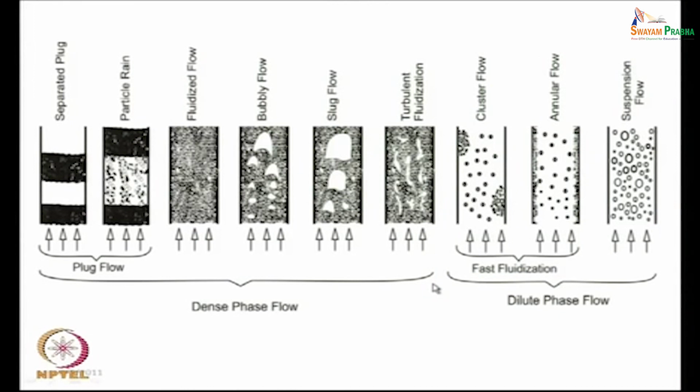Now, we have two types of choking velocities. One is the slugging type of choking velocity, known as the accumulated choking, and the other one is known as the classical choking velocity. Now, for the dense flow regimes, if you notice, we have the slugging, the bubbly flow, the slug flow, the turbulent fluidization, the particle rain, and the separated plug, which is almost like the plug flow pattern or the slug flow pattern in this particular case.